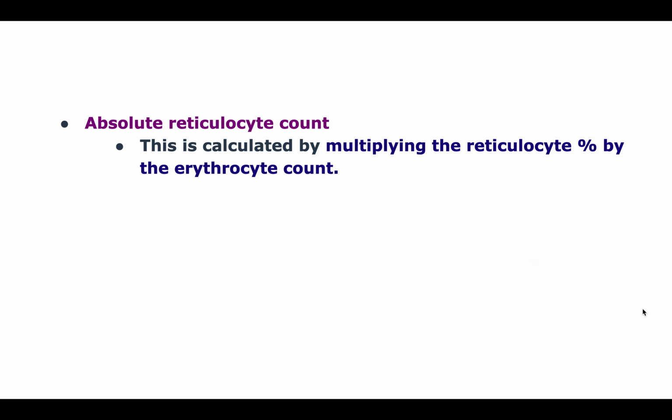So this was the reticulocyte count. Now a patient can also ask for absolute reticulocyte count. In this, we just multiply the reticulocyte percentage with the erythrocyte count to get the actual number of reticulocytes. There's one more terminology, the reticulocyte production index or corrected reticulocyte count.